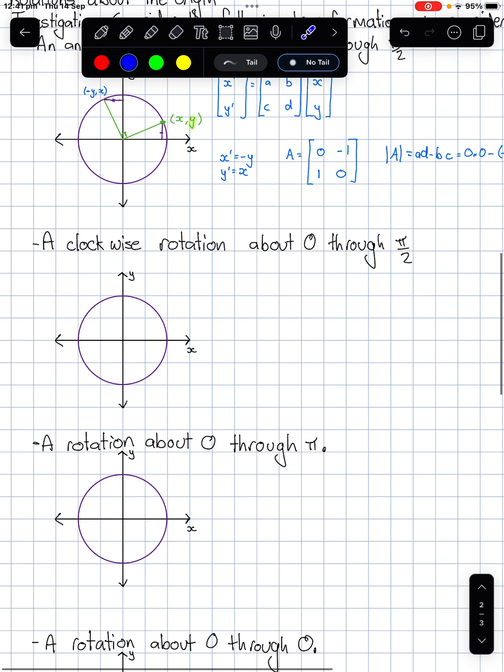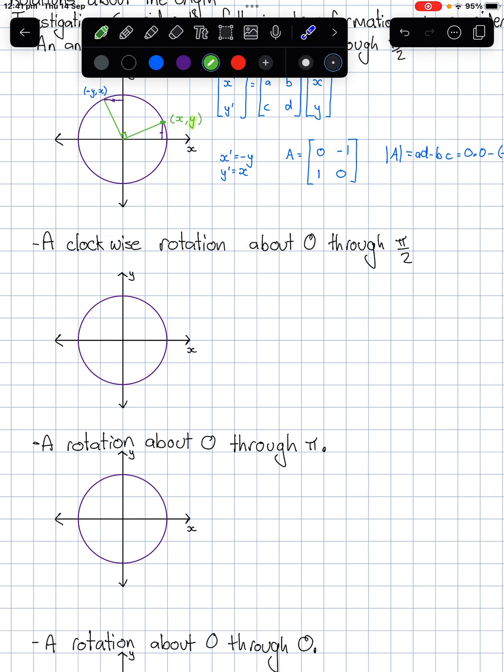This next one is if we rotate clockwise about the origin. If we take this same point and go clockwise, we're going to be down here.